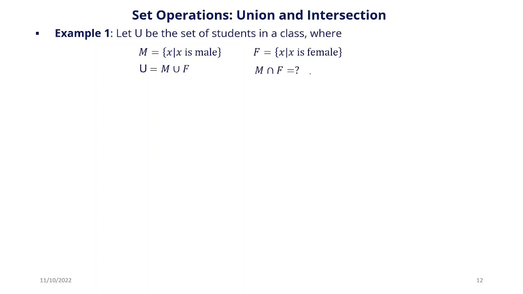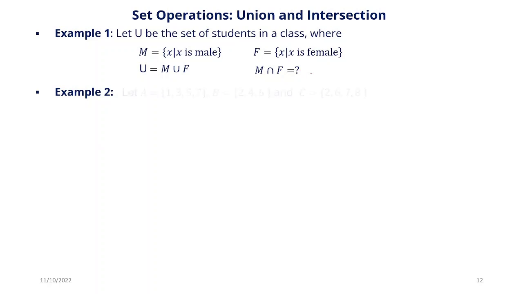What about the intersection? Can there be an intersection between male and female? Maybe it's possible, given biological situations where somebody has both genders, so there could be an intersection, but normally there should be no intersection, and M intersection F should be null.